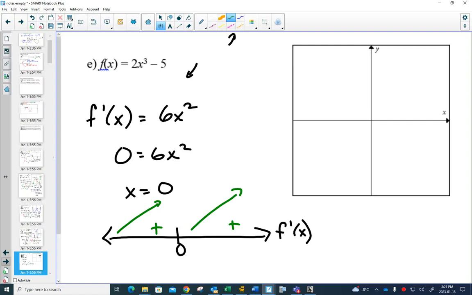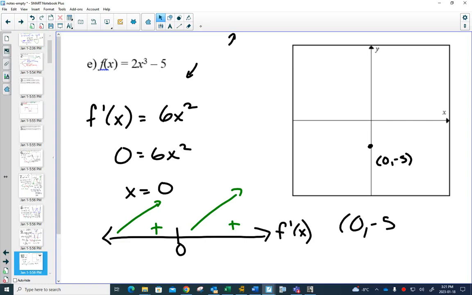But 0 is an important point. That's really easy to find. 0, negative 5. Actually, I'm going to label it on that side. 0, negative 5. And if the graph is always increasing, how does this work?